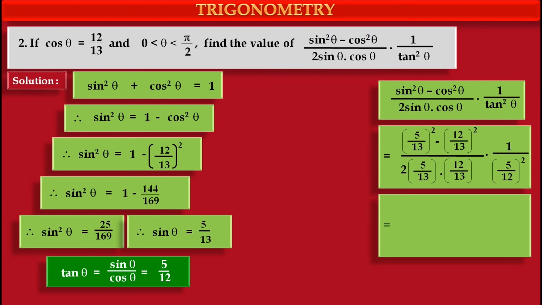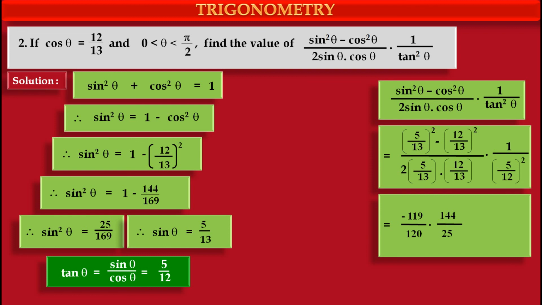So solving the above, in the first part, deleting the common denominator 169, we get at the numerator minus 119, upon at the denominator 120, into, in the second part, solving the second term, we get 144 upon 25.